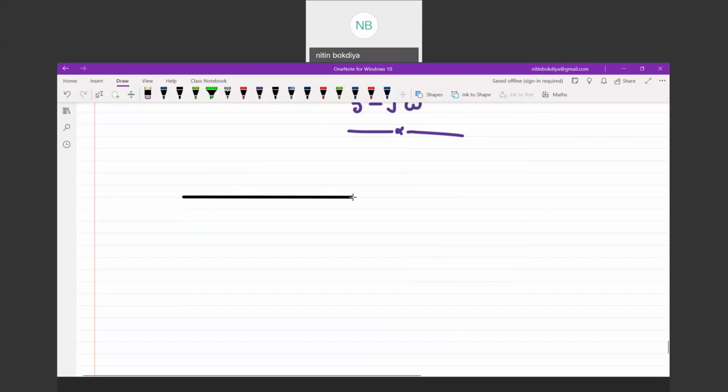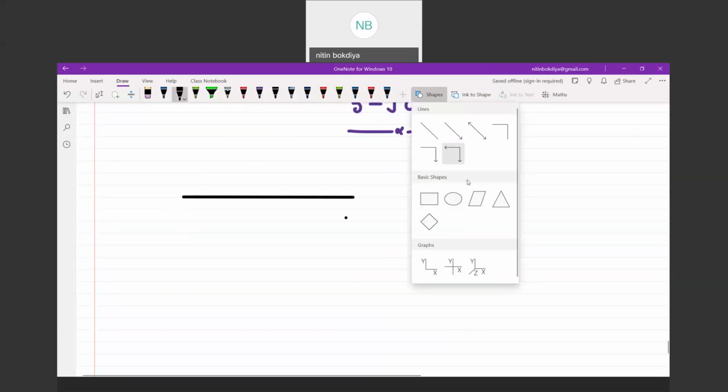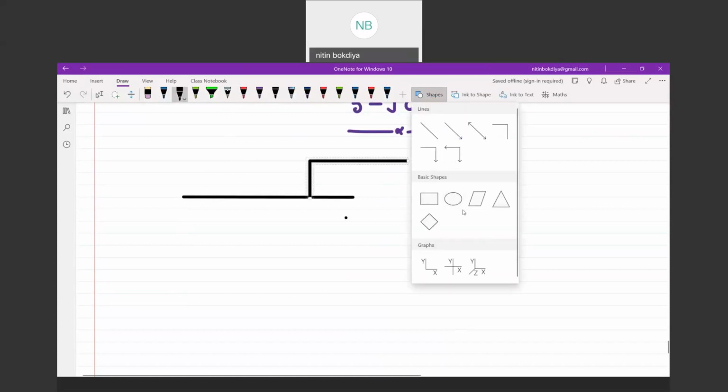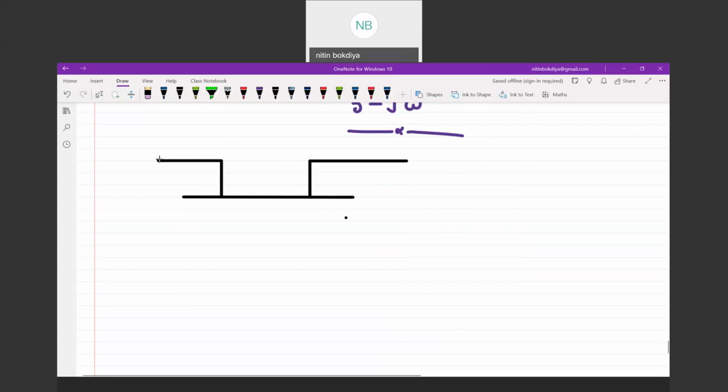How do we find the Fourier transform of this function? This is 1, this is minus 1, this is 1. This is x of t. Find x of omega for this function.